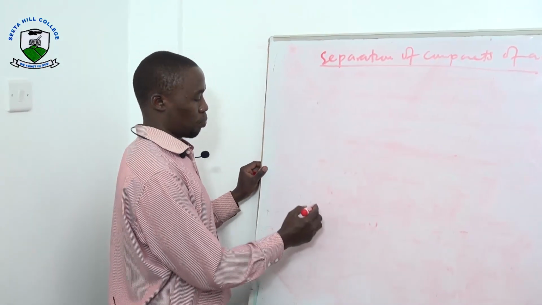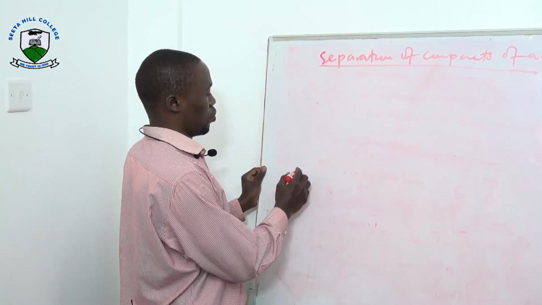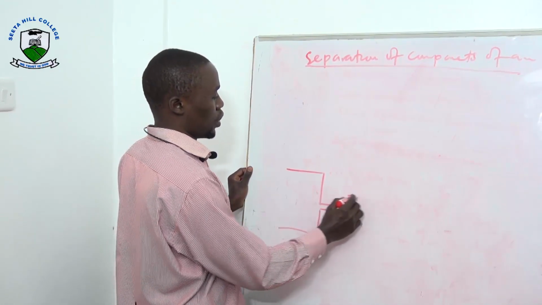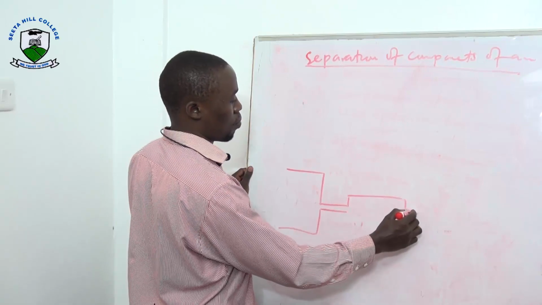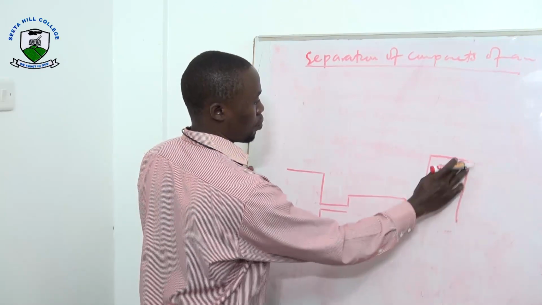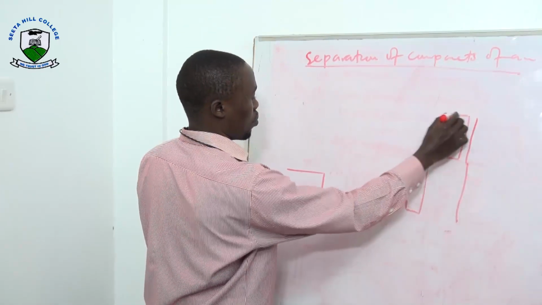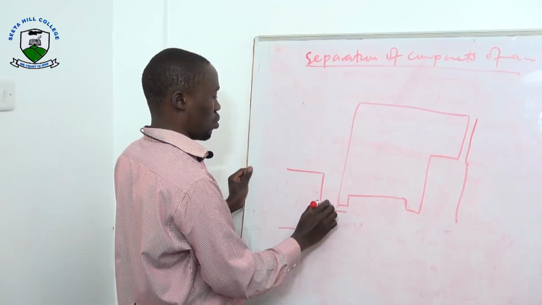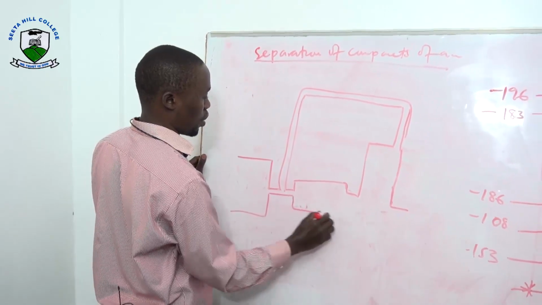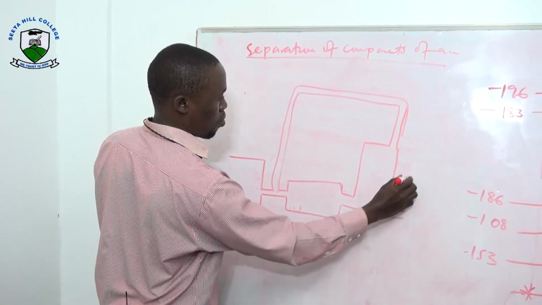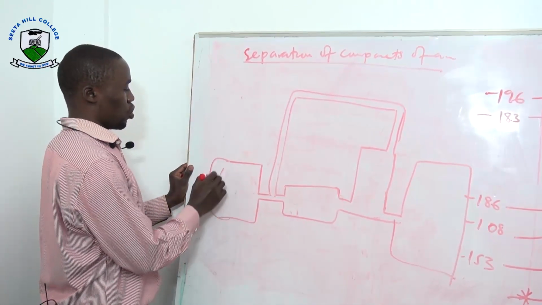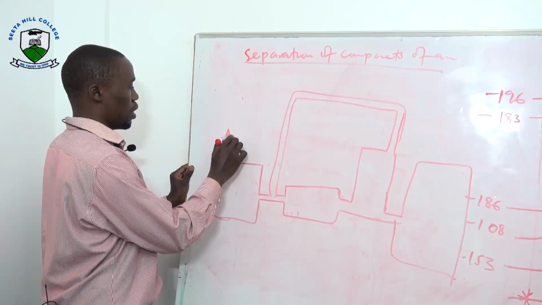Now look here. I'm giving a small illustration here that you need to really follow very well. This is your source of air. Air is here.